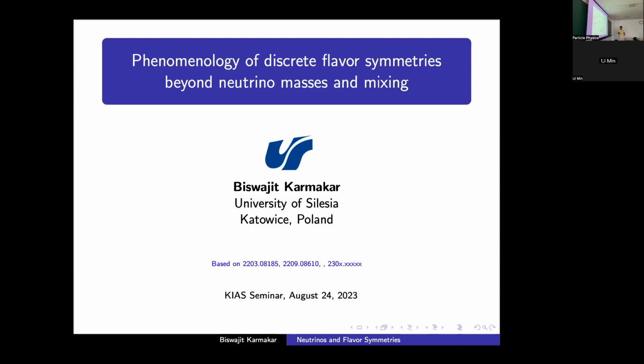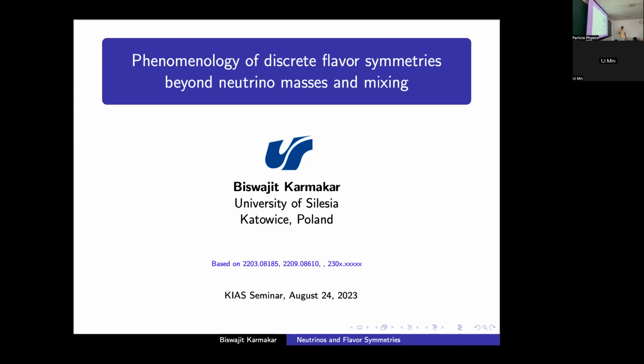So in this flavor symmetric model, the advantage is that it is very predictive. You can see this is the correlation between delta CP and sin squared theta 2,3, and this part is disallowed. And this is the prediction for neutrinoless double beta decay, and you can see that the prediction for inverted hierarchy will basically be probed by near future experiments.